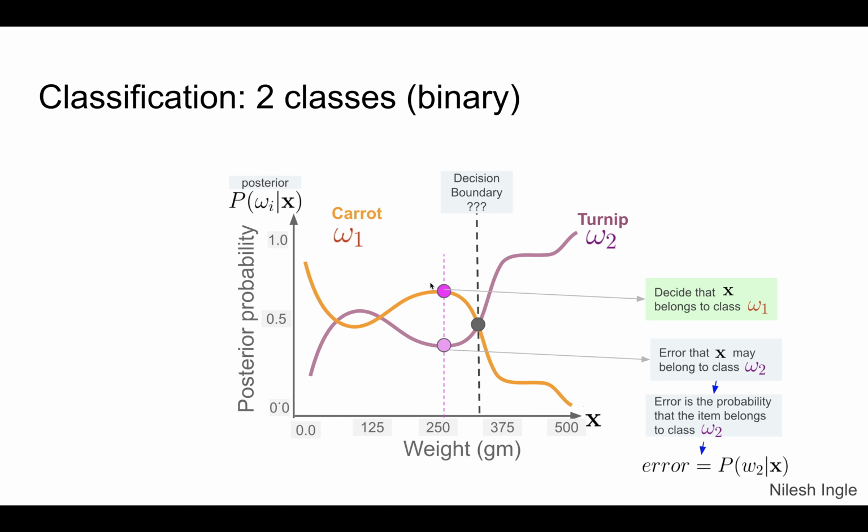But when we take that action to classify it as belonging to class 1, that is a carrot, we also know that it could have been classified as belonging to class omega 2. This particular posterior probability is used as the error in setting up the decisions.